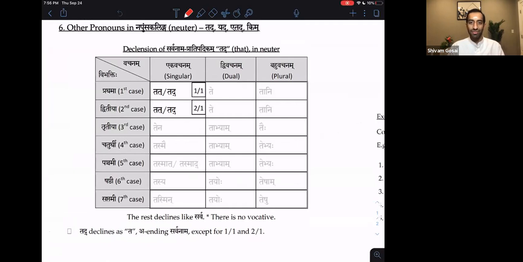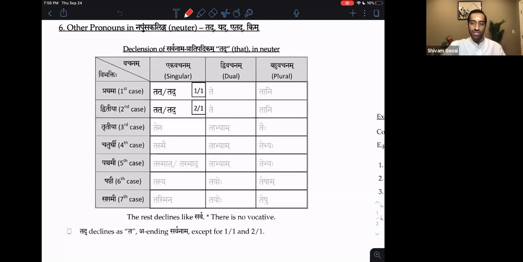In napumsakalinga, we have these 4 other pronouns which look very similar: tad, yad, etad, and kim. We've seen all 4 of these words already in masculine. They're a mix of a few things. They look like sarva, and sarva looks like jnana plus Rama Shabda. The first 2 look like jnana: jnanam, jnane, jnanani.